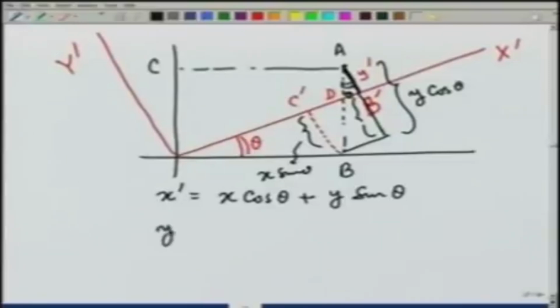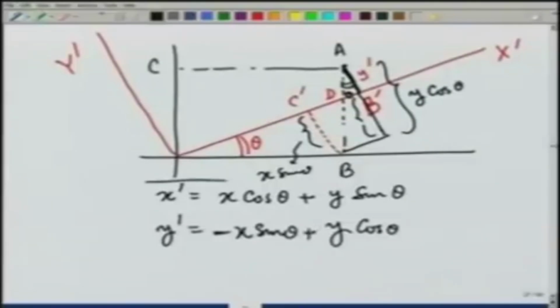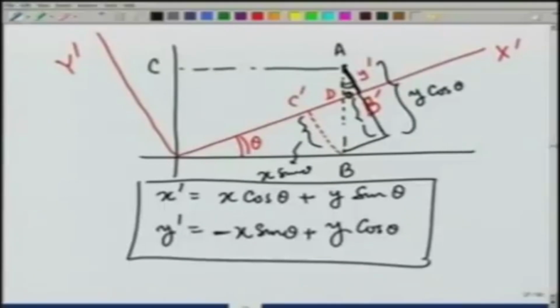So, y prime therefore, is going to be y cosine of theta minus x sine of theta, and this is how the x and y components of the vector are going to change.